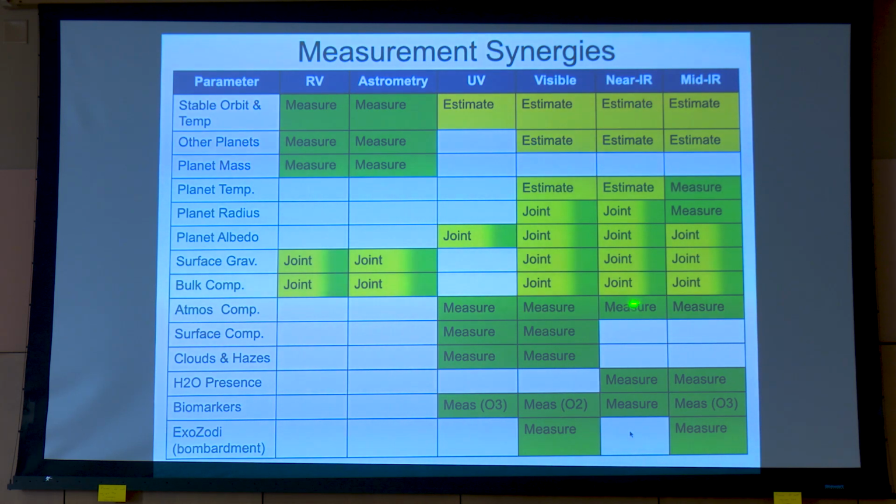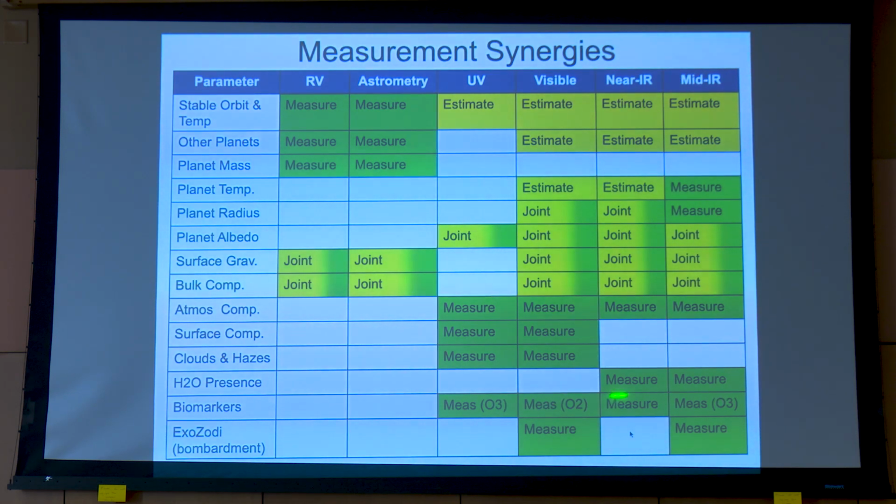Atmospheric composition really comes only from the different direct imaging or interferometric techniques. The atmospheric composition, all these different things contribute there. Surface composition, maybe you can see something like the red edge in the visible. Clouds and hazes, particularly in the UV, somewhat in the optical. Presence of water is really the near-infrared and the mid-infrared.